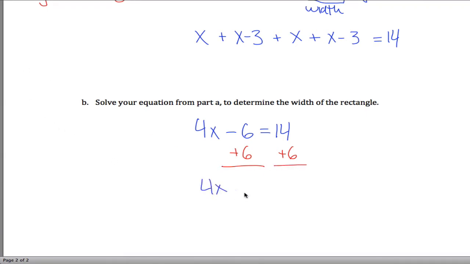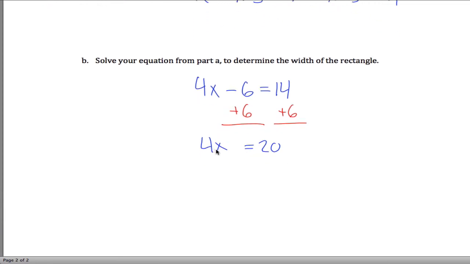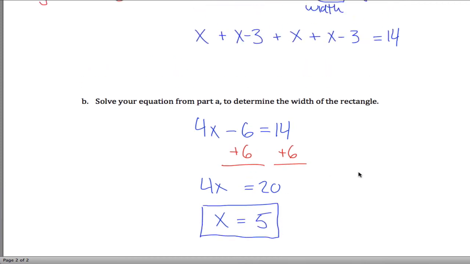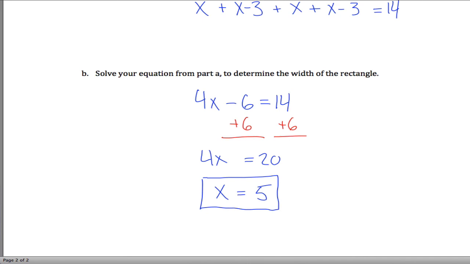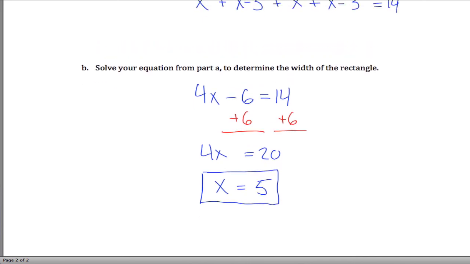What that leaves me with is 4x equals 20. Now I have all my x's on the left and all my numbers on the right, which is good. I don't want to solve for 4x, I want to solve for x, so I divide both sides of the equation by 4. And what you find is that x equals 5. Because x is what I called the width, I've answered this question. I've determined the width of this rectangle. It's 5. And that's the end of this quiz.